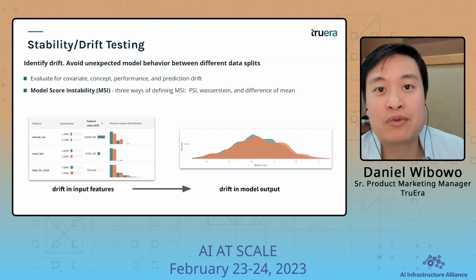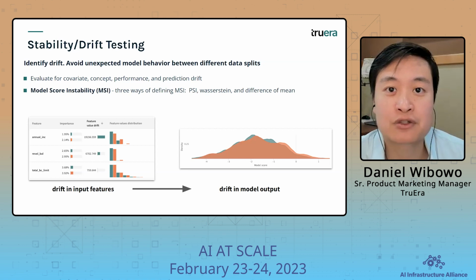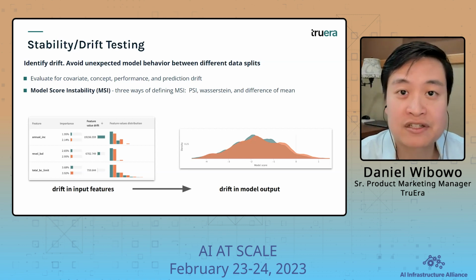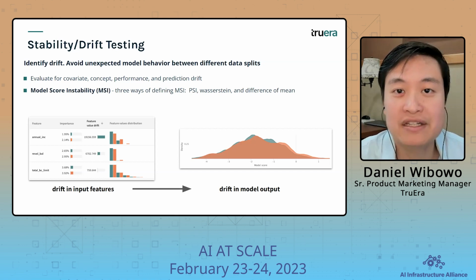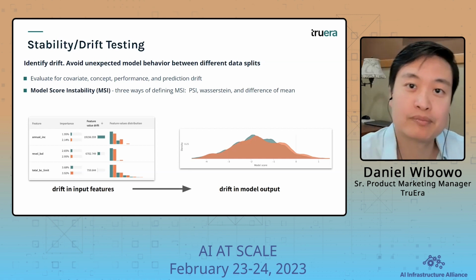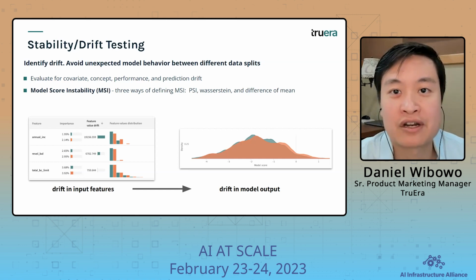The metric that we use is model score instability, and the makeup of it is from Wasserstein, mean difference, as well as PSI, which are metrics that you may have already heard of.